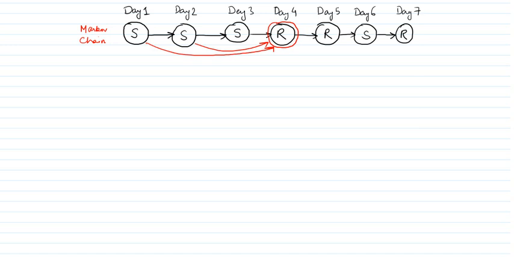So the most common Markov property is that a single state is dependent upon only a single state. It means a given state is only dependent upon its previous state, right? So this is called the first order Markov chain.